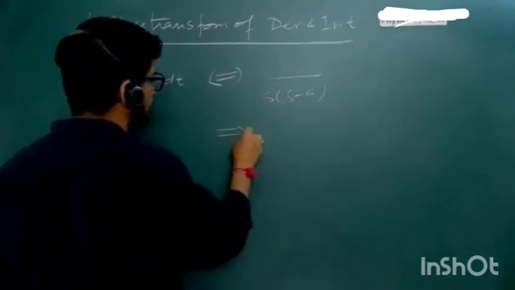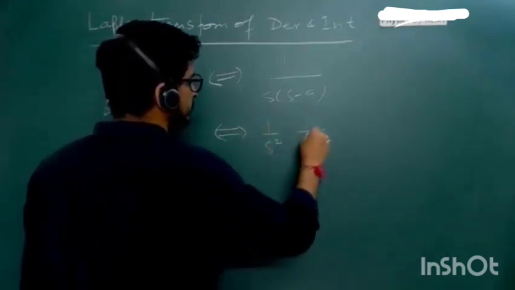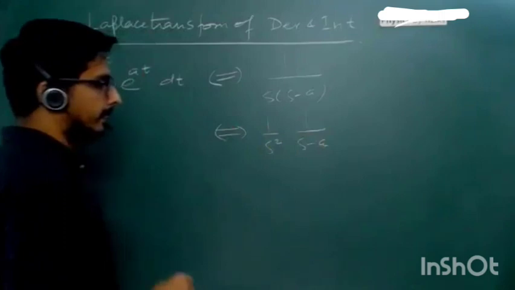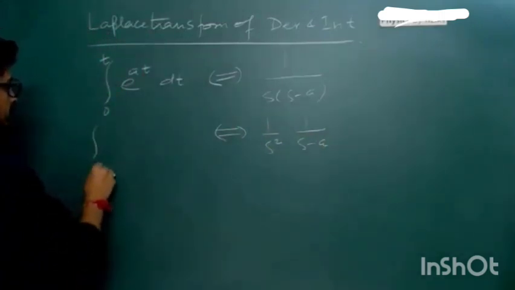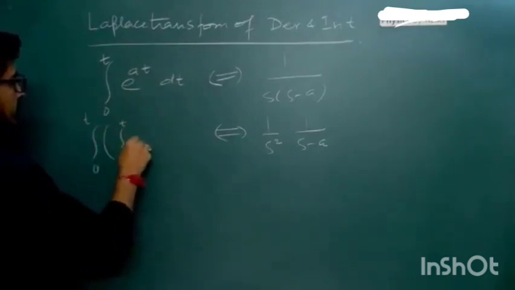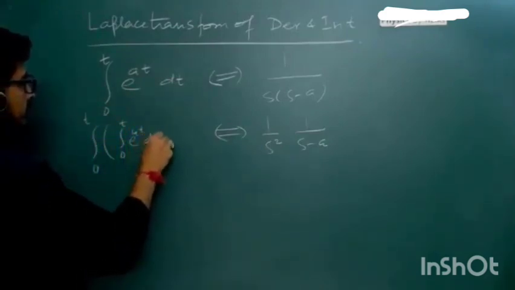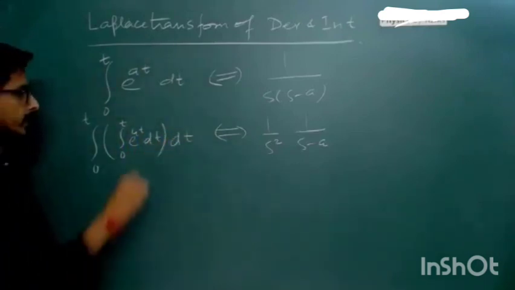Suppose it is written 1 by s square, s minus a. So you will write the integral from 0 to t of the integral from 0 to t of e to the power at, dt, and dt. Got it or not?